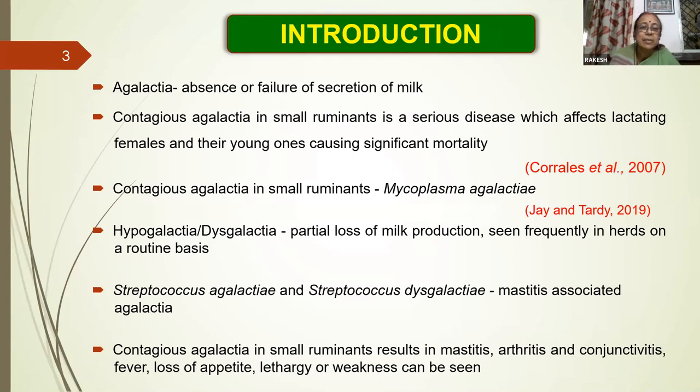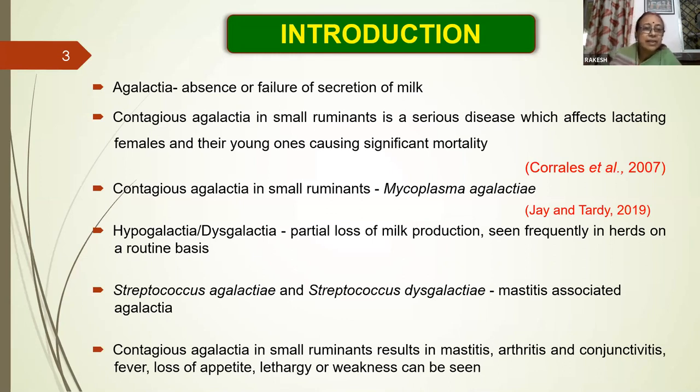Whereas hypogalactia or dysgalactia means there is partial loss of milk production. It is seen frequently in herds on a routine basis. This may be due to a managemental defect or mineral deficiency, some problem in the diet.